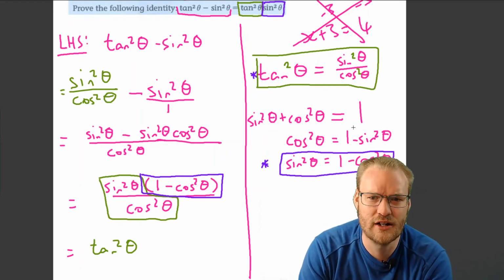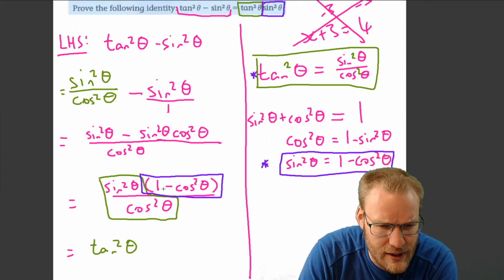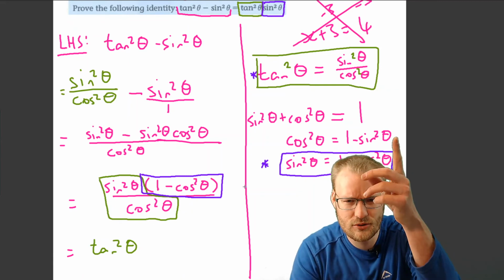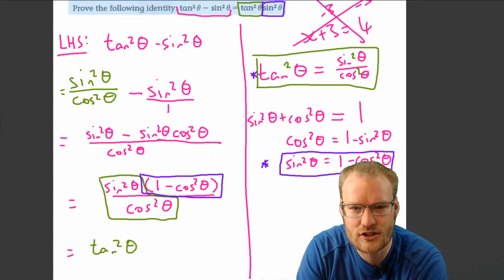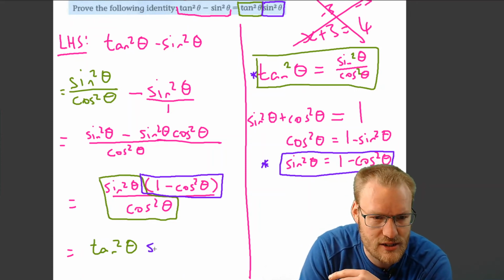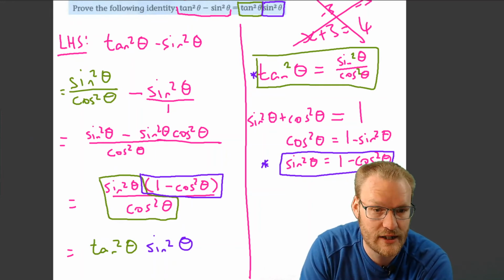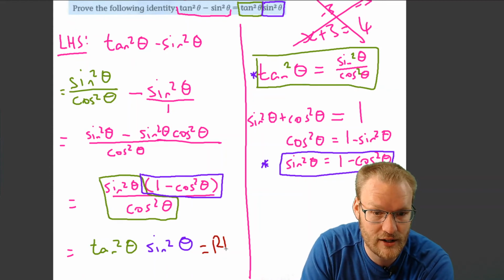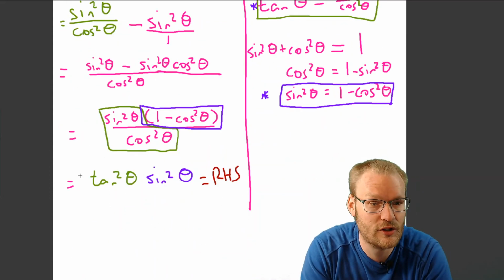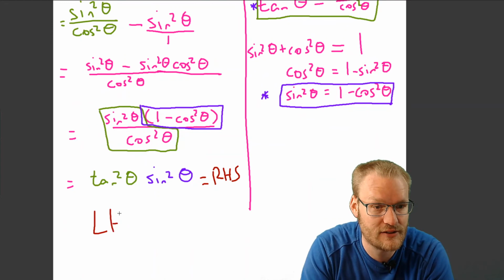So I'm just going to replace that with sine squared theta. Tan squared theta, sine squared theta. Great stuff. This is equal to our right-hand side. So what we've shown is that the left-hand side equals the right-hand side.